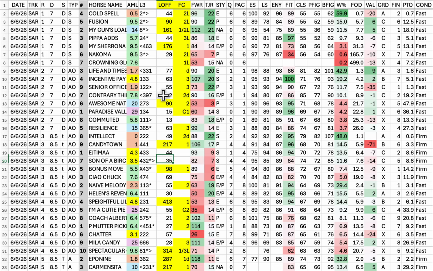So you go down to experienced horses like this one off a 35-day layoff. That FWR is not going to factor in at all. Okay, so now I've got scale. It's not just a Q or an N. I've got scale. And that scale factors in differently into the win percentage.